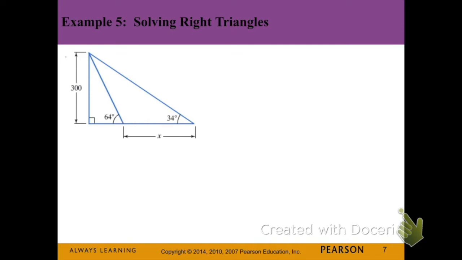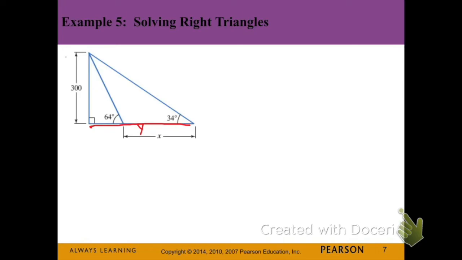Example 5 is the same idea. So I have two triangles going on. One of my triangles is this small green right triangle, and then the other triangle that I want to use is the entire thing. Again, this is also a right triangle. So we're going to start by finding this side right here. We'll call it y. So I'm looking at the big right triangle.